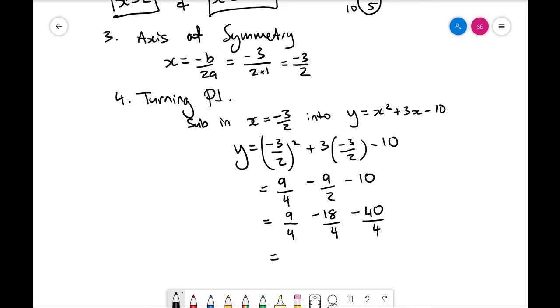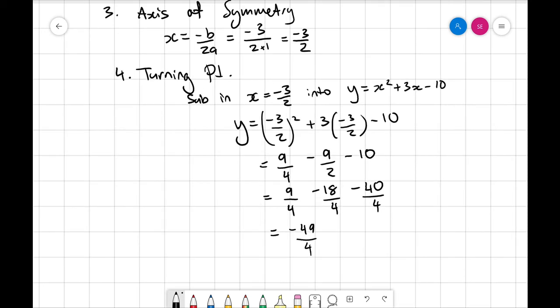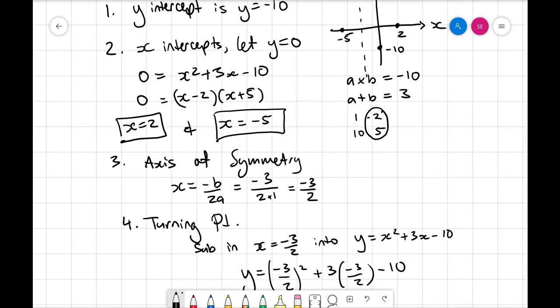That's annoying. Minus 58, so it's like minus 49 on 4. Is that right? Sure, let's do that. That could be wrong, but I can't be bothered to check. Tell me if it is. I should be right. And that's nearly minus 5. So if we come back up here, my computer won't let me.